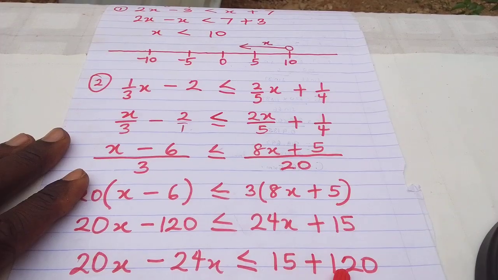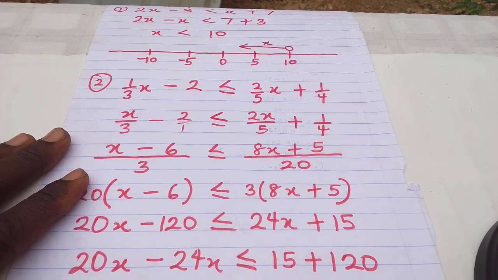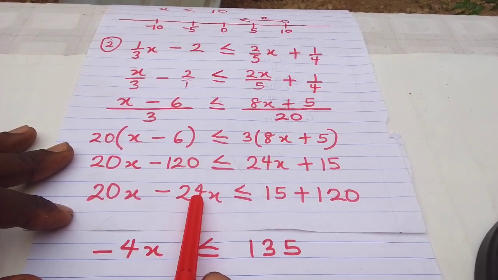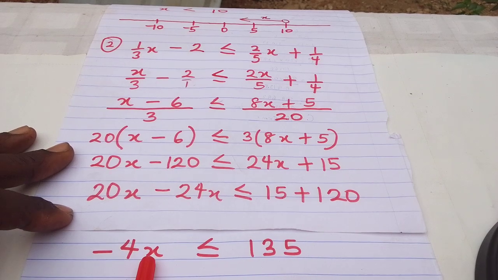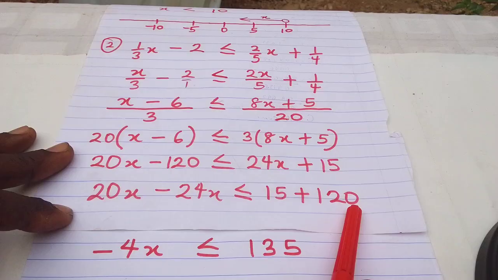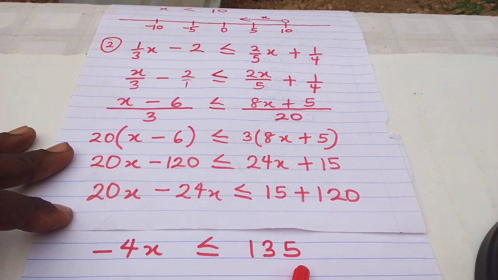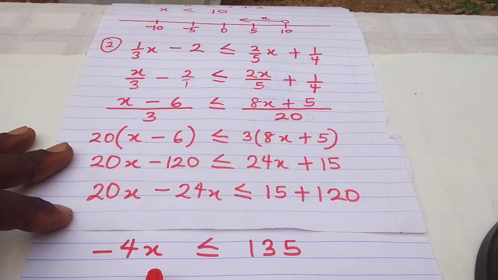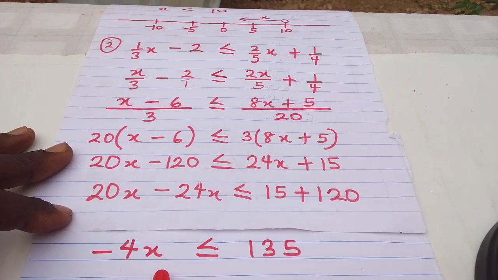When it comes to this side, now turn to plus 120. From there, you have 20x minus 24x giving us minus 4x less than or equal to 15 plus 120 gives us 135. So we are looking for x, not minus 4x.